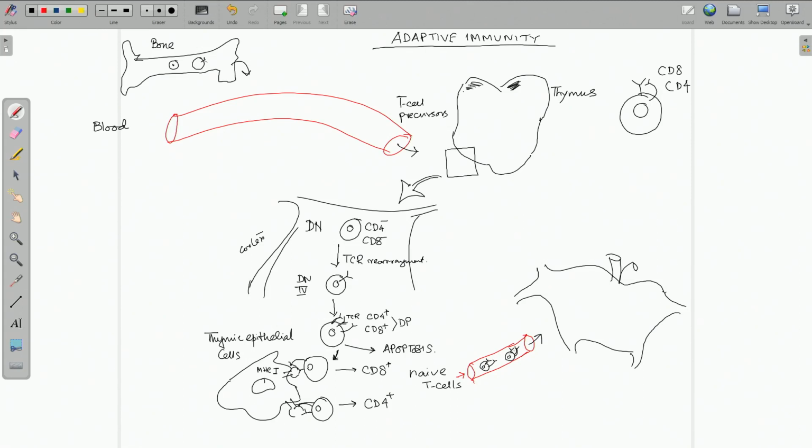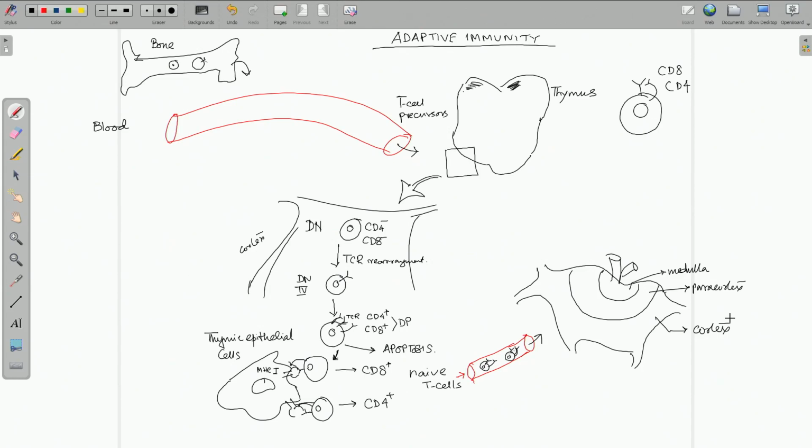So, this is kind of a picture of what we see in the lymph node, and the lymph node also has three major regions. One is the medulla, the paracortex, and the cortex.